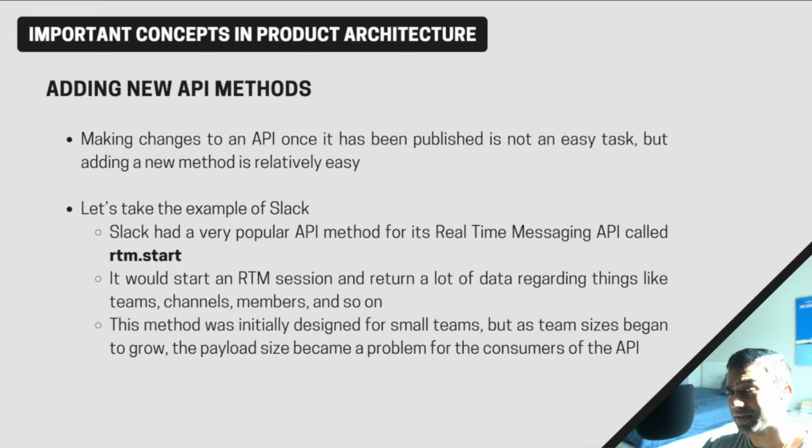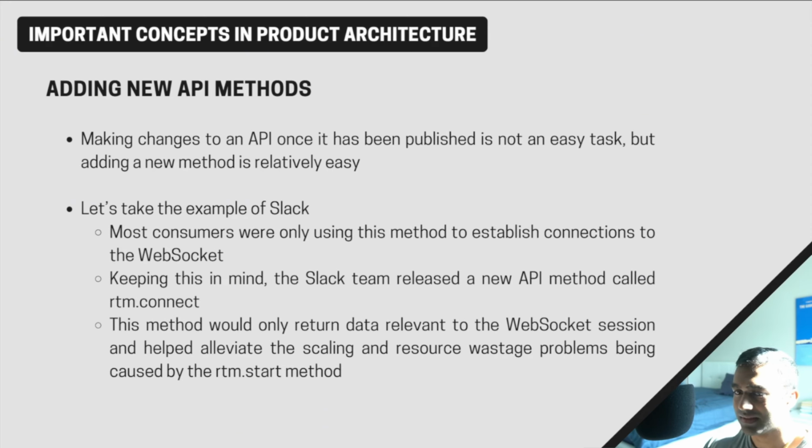Let's take the example of Slack. Slack had a very popular API method for its real-time messaging API called rtm.start. It would start an RTM session and return a lot of data regarding things like teams, channels, members, and so on. This method was initially designed for small teams, but as team sizes began to grow, the payload size became a problem for the consumers of the API.